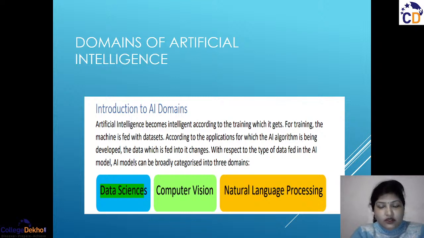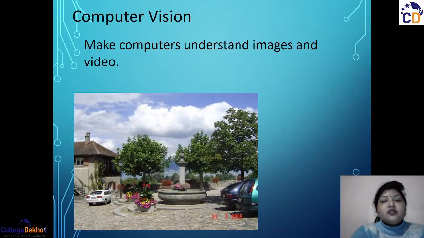Now let us discuss one by one the applications related to each domain, starting with the first domain, that is computer vision. In this image, the first thing is we have one image that is going to be processed, right? We train the machine on the different objects.